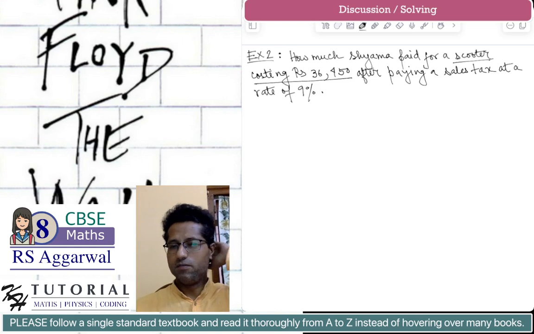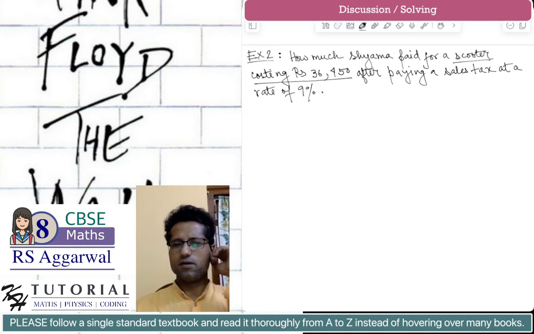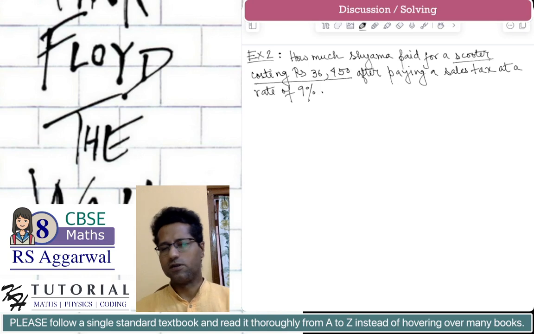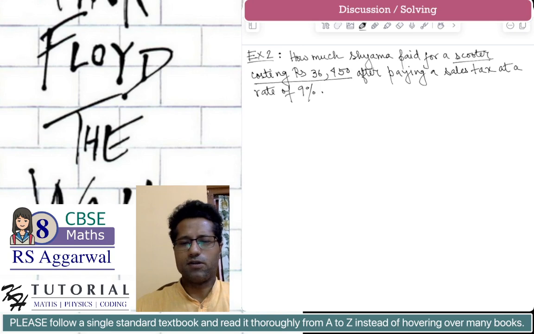Then what will be the final price of the scooter? This is the question: how much finally did Shyama pay for a scooter with an original price of 36,450 after paying a sales tax at a rate of 9%.